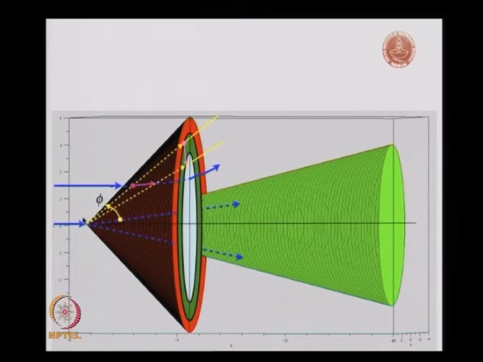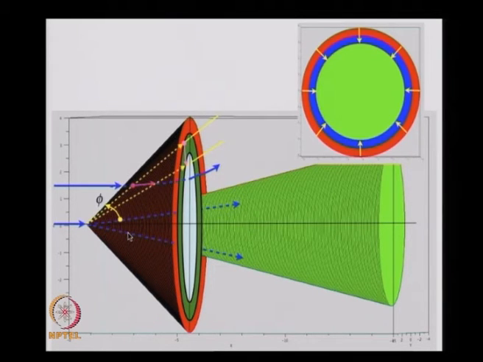So, you move from phi, and this picture looks like this, isn't it? If I look at the planar region here, what I am doing is superposing all these flows on the cone surface onto this plane.